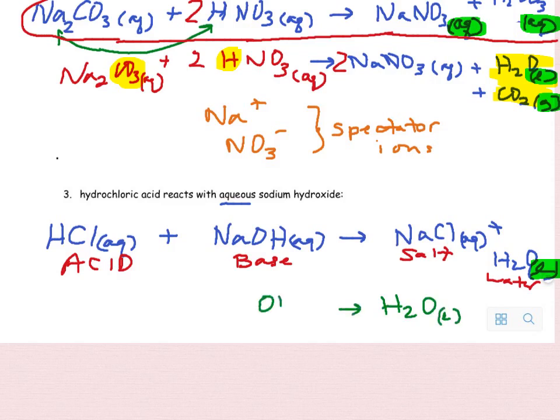Then the OH from the base and the hydrogen from the acid, those are the two things that are most important. And the anion and the cation from the acid and the base are spectators. So H from the acid, the OH from the base, they react together to give you the neutral water.